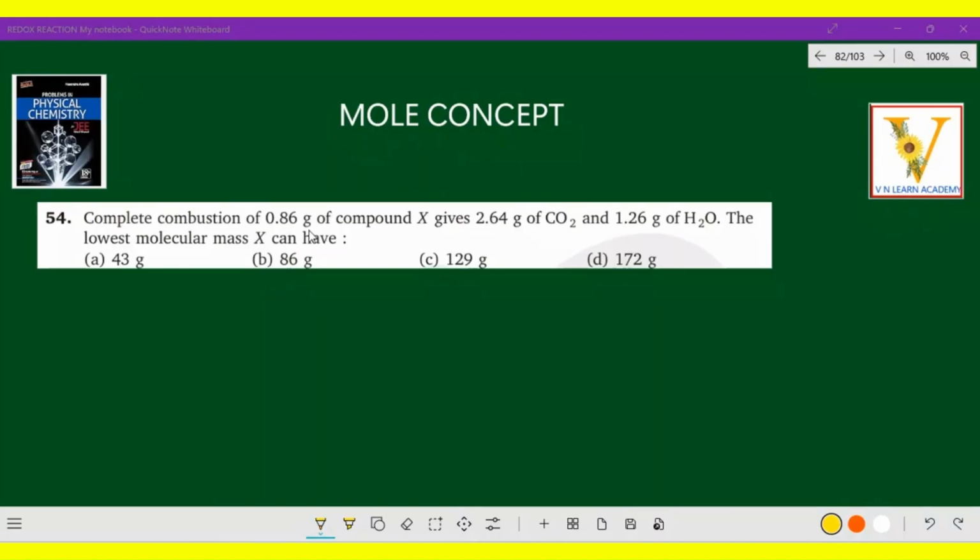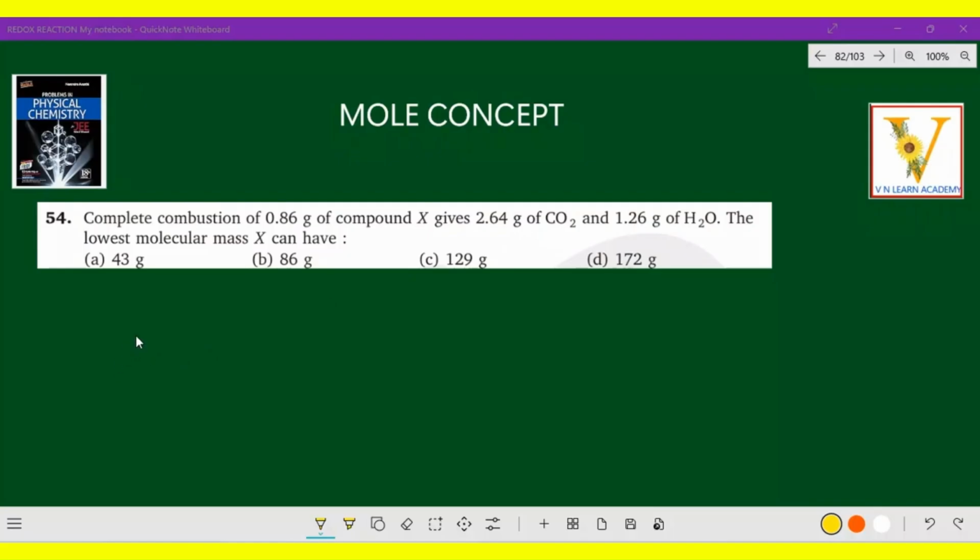The next question: complete combustion of 0.86 gram of compound X gives 2.64 gram of carbon dioxide and 1.26 gram of water. The lowest molecular mass X can have. See, complete combustion, and you are getting carbon dioxide and water, so it is a hydrocarbon.